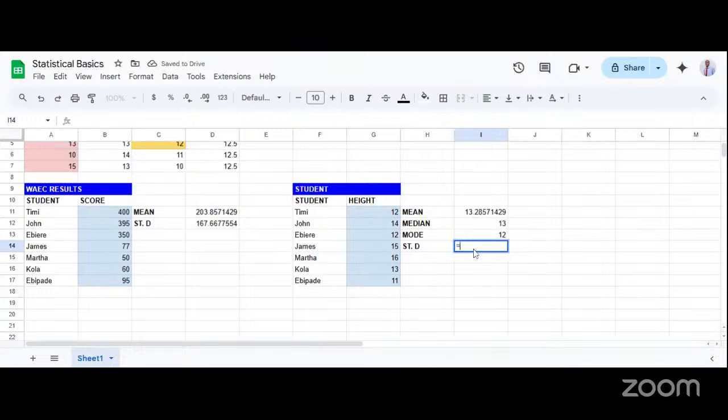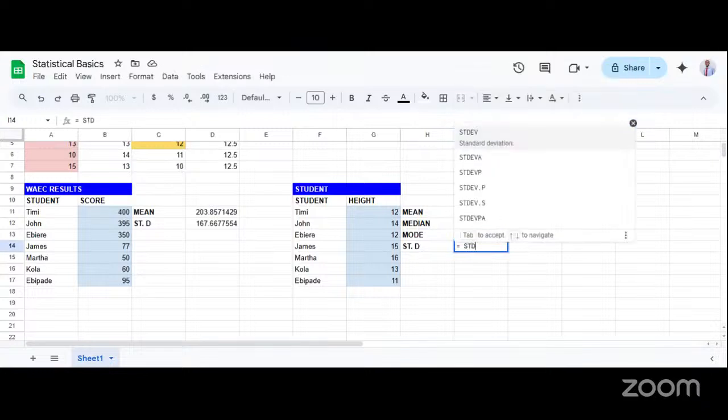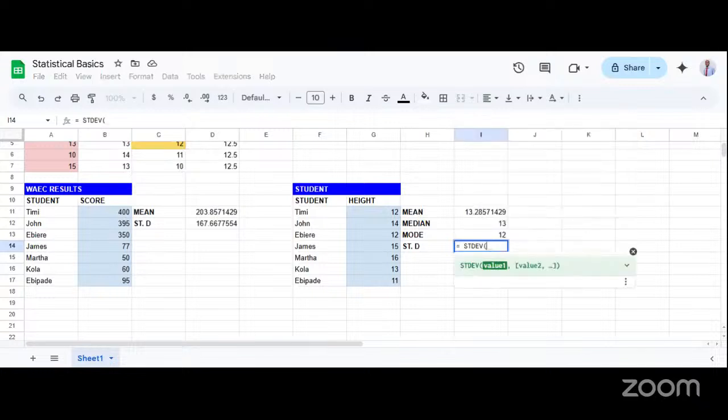Then standard deviation, the function is STDEV. Take note, STDEV is a short representation of the full phrase standard deviation. You need to know the range also, then you reference it.